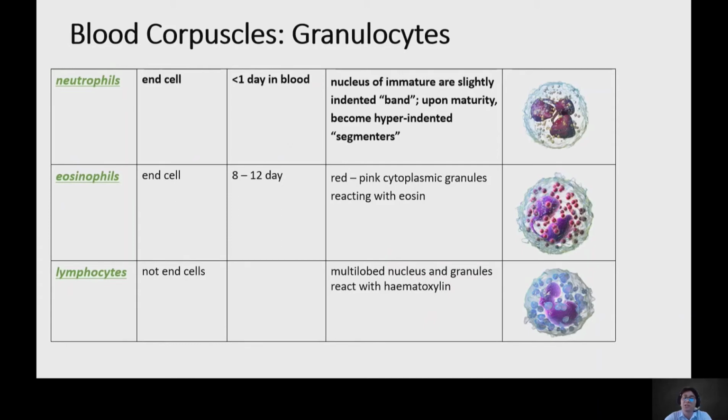Eosinophils are also N cells that last 8 to 12 days. They have a red to pink color, with cytoplasmic granules reacting with eosin. Lymphocytes are not N cells, and they have a multilobed nucleus and granules that react with hematoxylin.